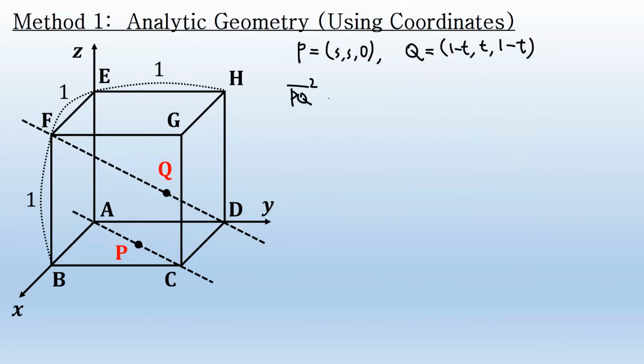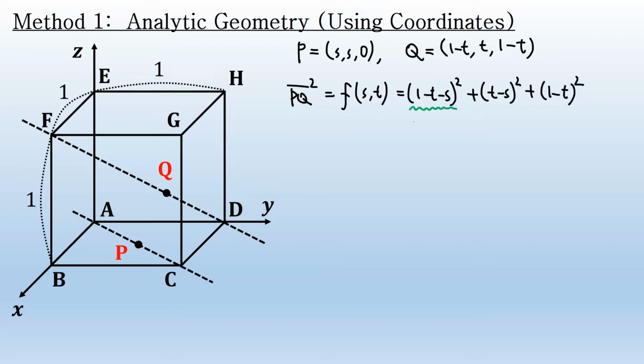Now distance PQ squared is expressed as a two variable function using s and t, which is (1 - t - s)^2. And for the y coordinates, we have (t - s)^2. And for z coordinates, we have (1 - t)^2. Now let's expand. When expanding this part, we have to use this formula, now with a couple of minus signs.